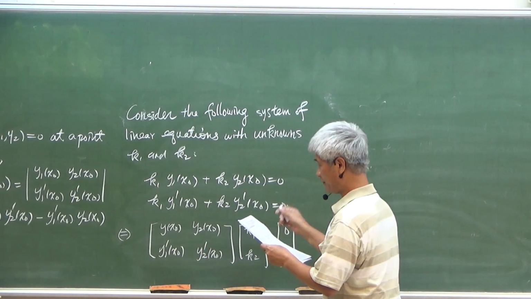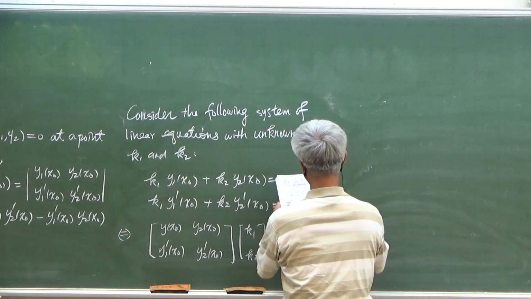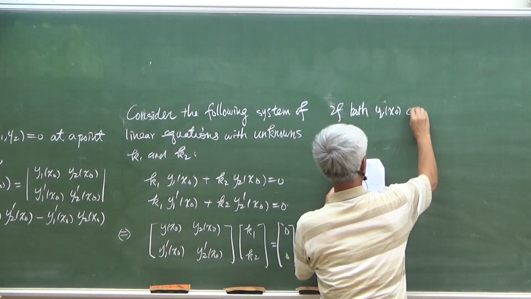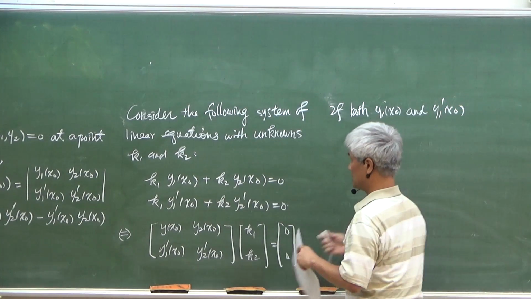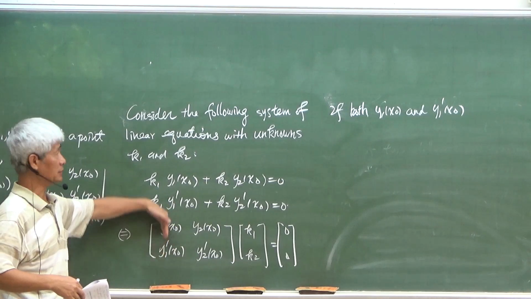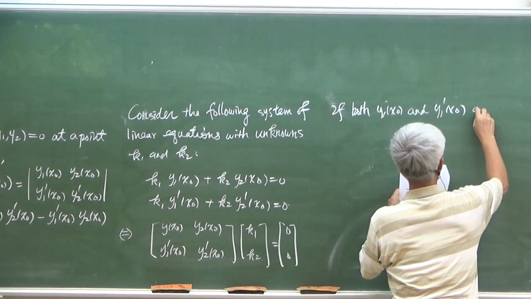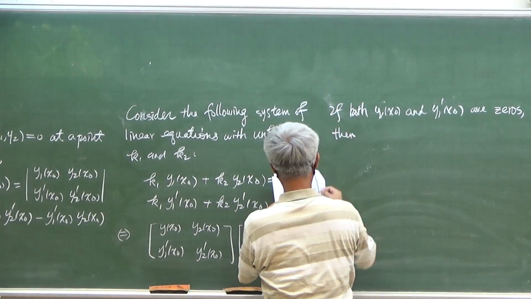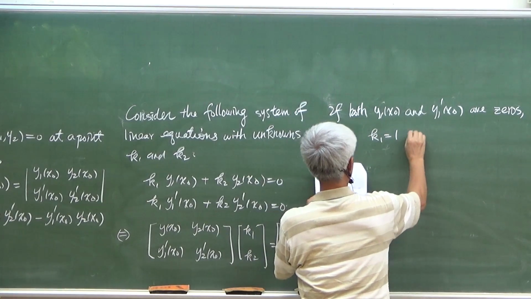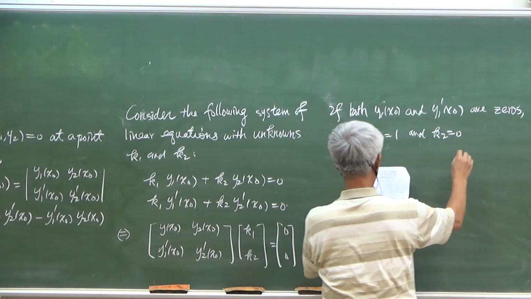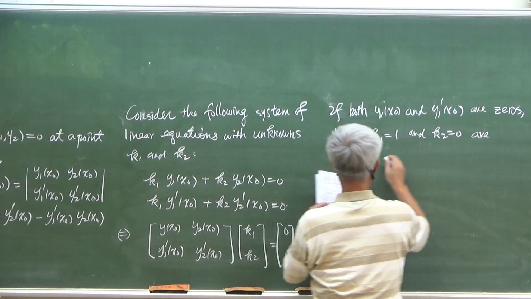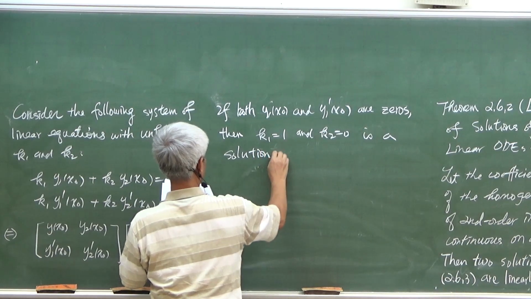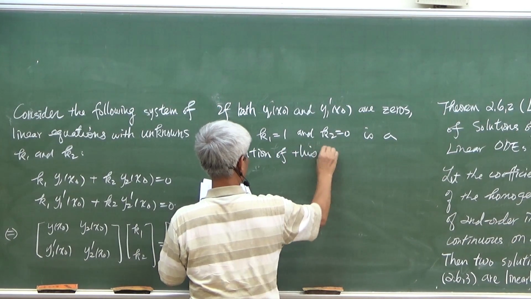So I solve it by an elementary method. Now, if both y1(x0) and y1 prime(x0) are 0, meaning the first row is all zeros, then k1 equal to 1 and k2 equal to 0 is a solution of this system.